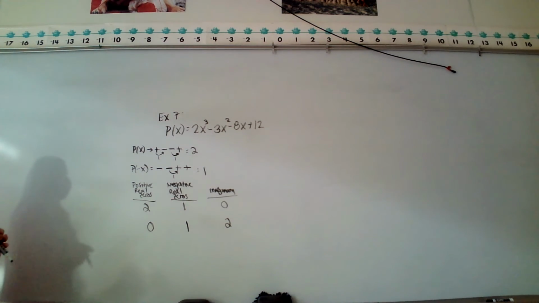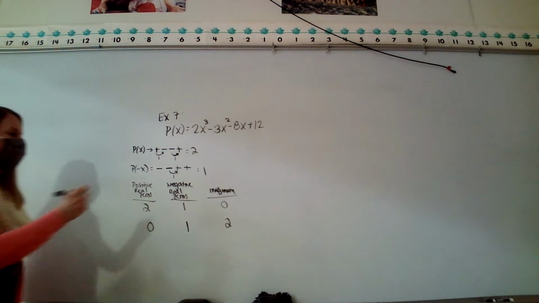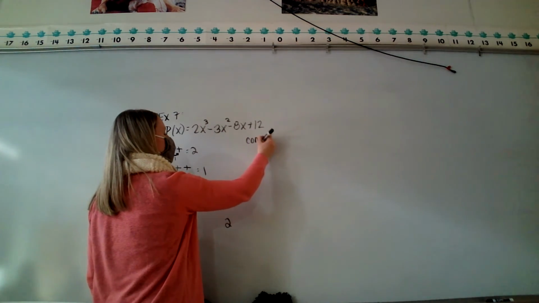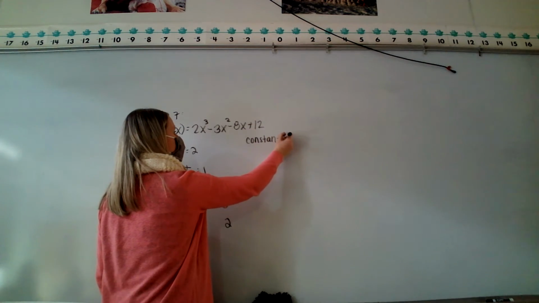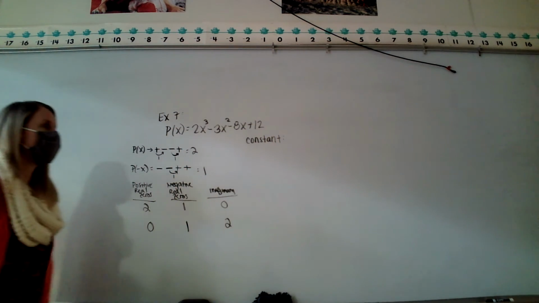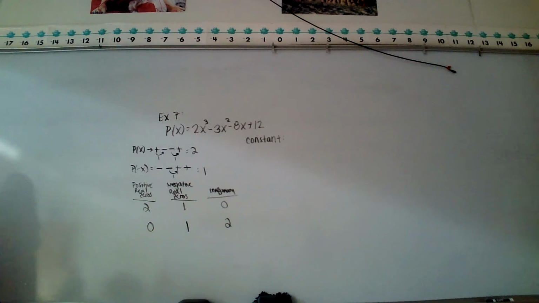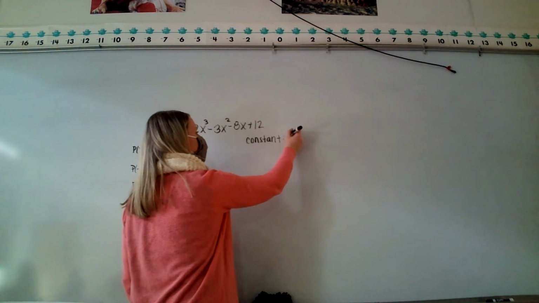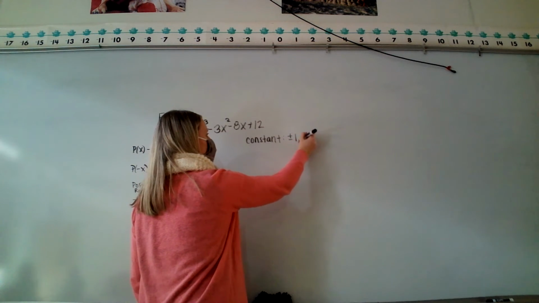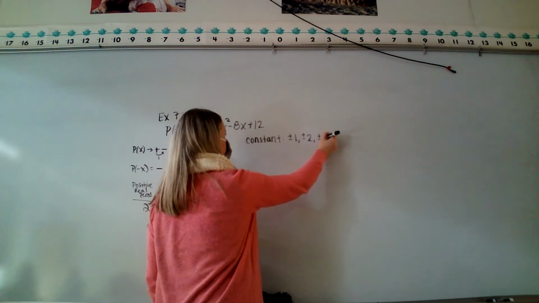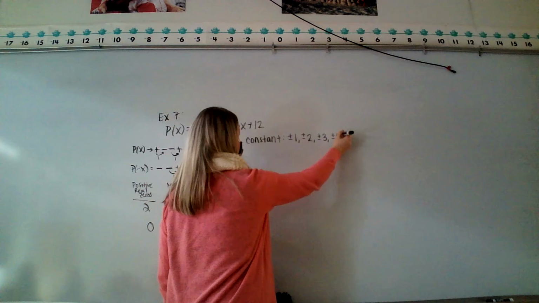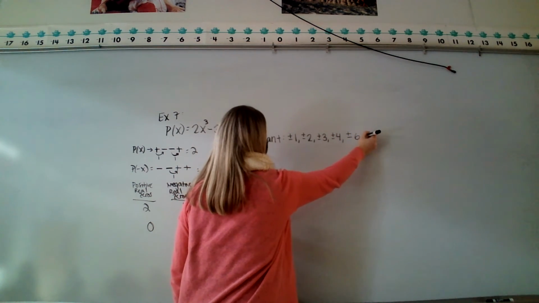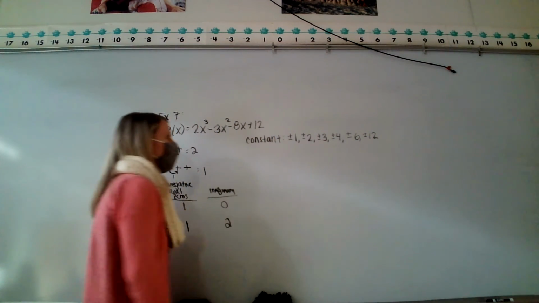So now as we do the rational root theorem, I'm going to do a little list, or 2 little lists. One of my constant. What are the factors of my constants? I have 12. I like when they're nice small numbers, but we can't make them all easy. Plus or minus 1, plus or minus 2, plus or minus 3, plus or minus 4, plus or minus 6, plus or minus 12.